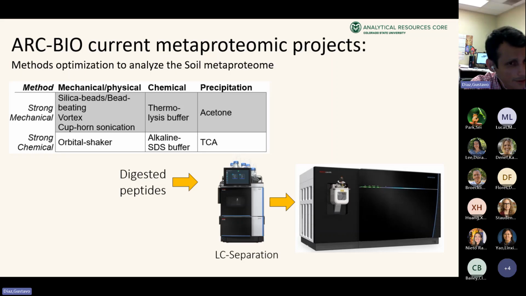We also did different precipitation strategies, acetone and TCA, and for the strong mechanical approach, we used silica beads and a cup horn sonicator. And we did the extraction of the proteins, digestion to peptides, and then we injected that and processed it with our instruments.